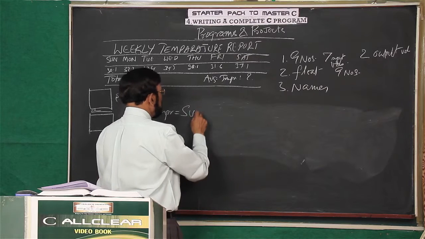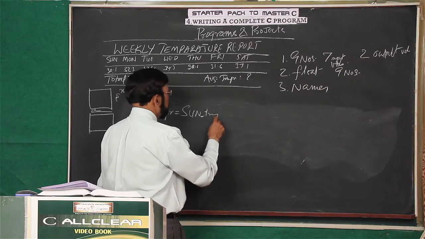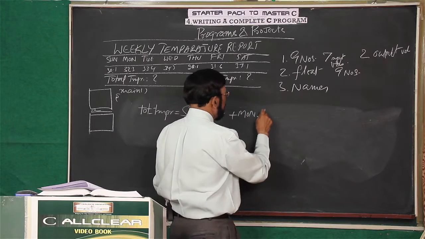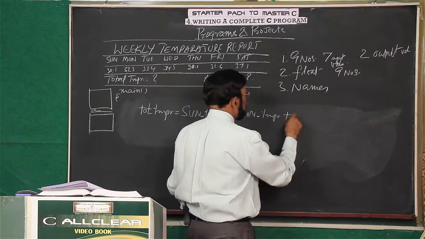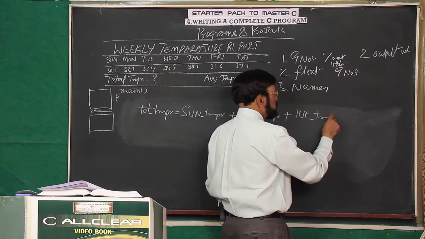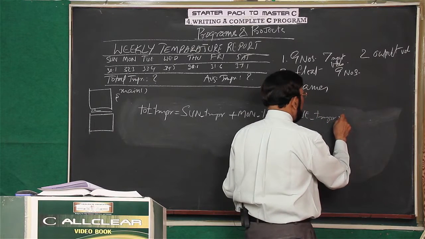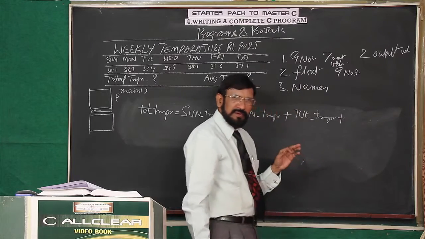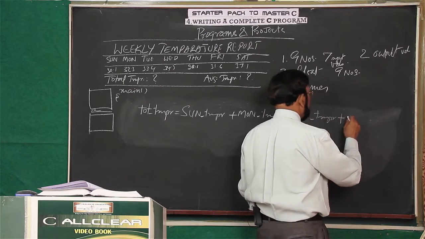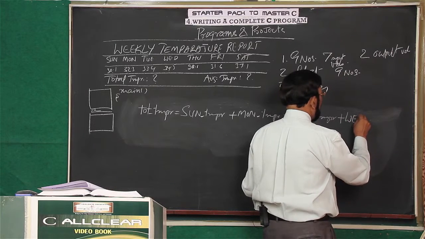Now sun temperature plus mon temperature plus tue temperature. Same spelling you must use. If there is any minute change in the case or spelling, then it leads to an error. Tue temperature, wed temperature.